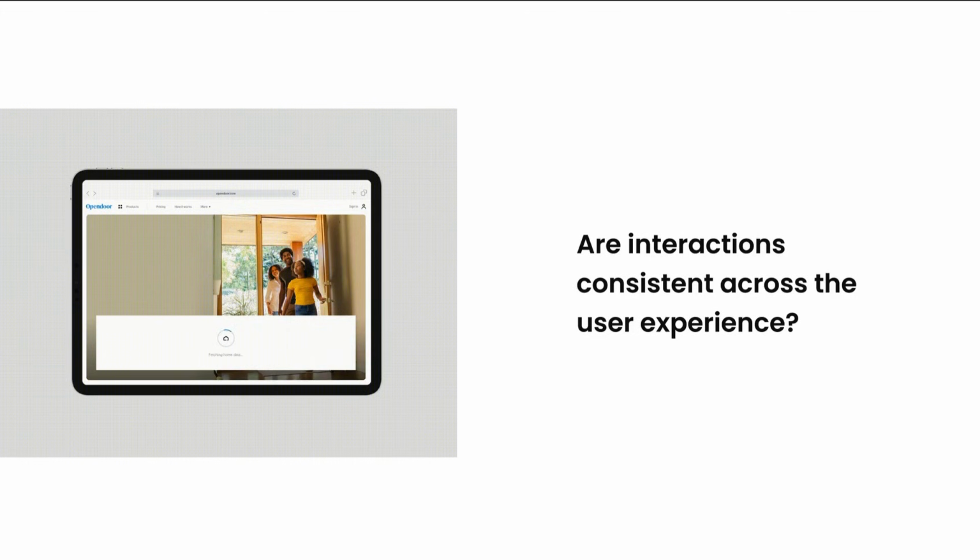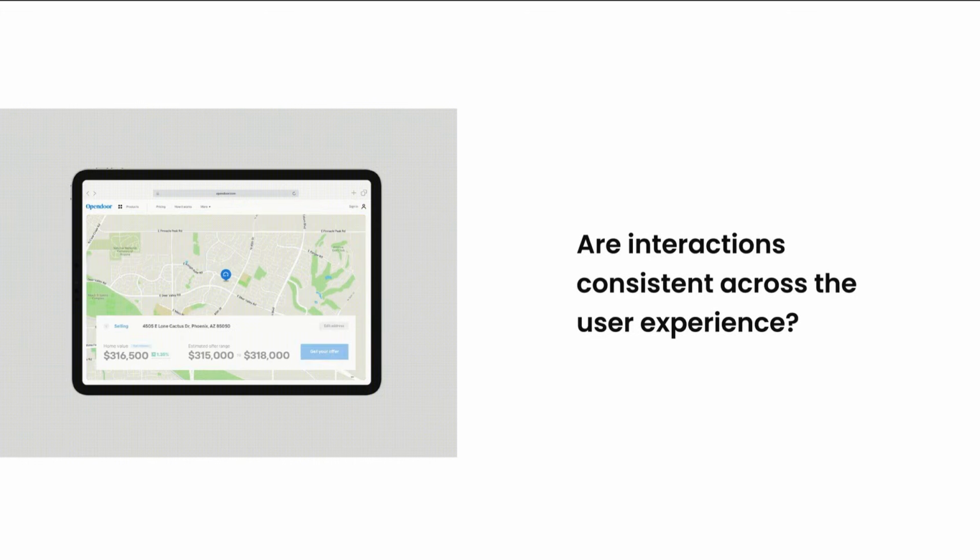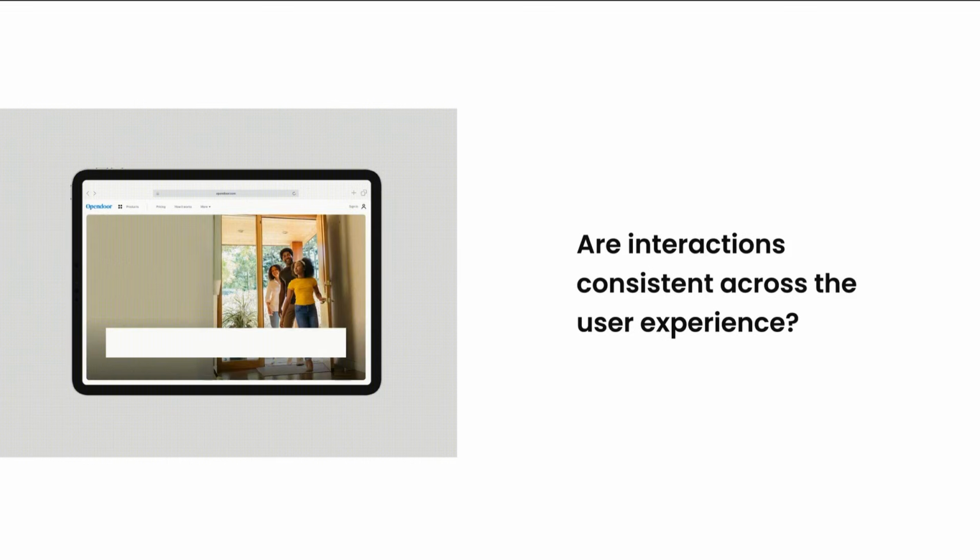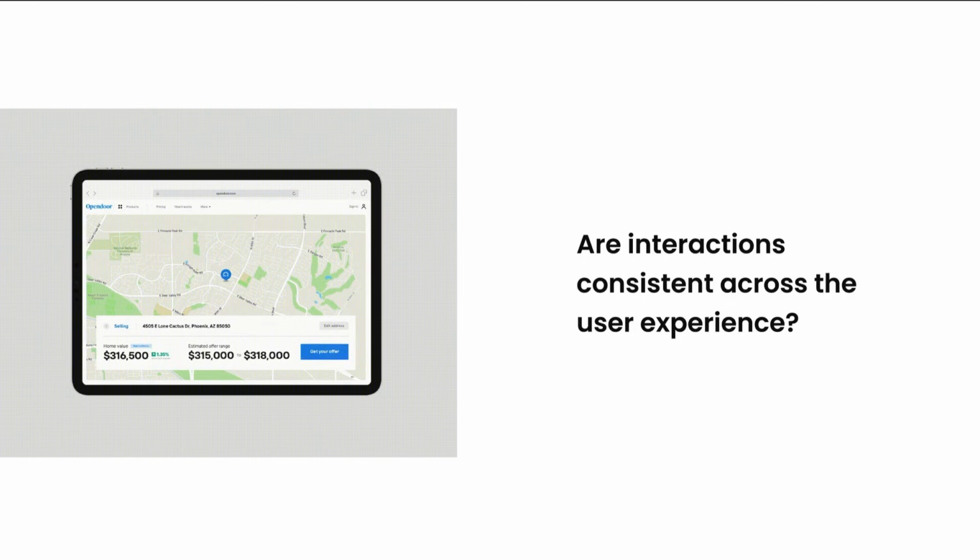So is it what's happening within this one little animation over here, or this one little interaction, or is it moving from screen to screen? We need to make sure those interactions are very consistent, whether it's the speed of the animations or just how gentle they can be.